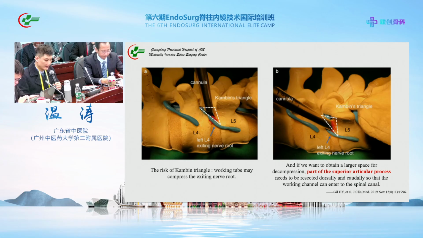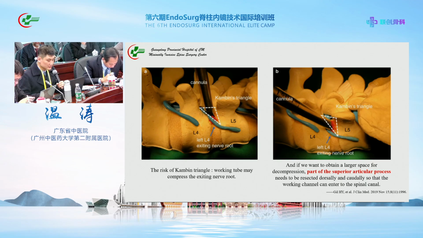So where should the expansion be performed in the foraminal region? As in this picture, you can see at the triangle, there is an exiting nerve root near the working channel. In some cases, the foraminal space is very narrow.